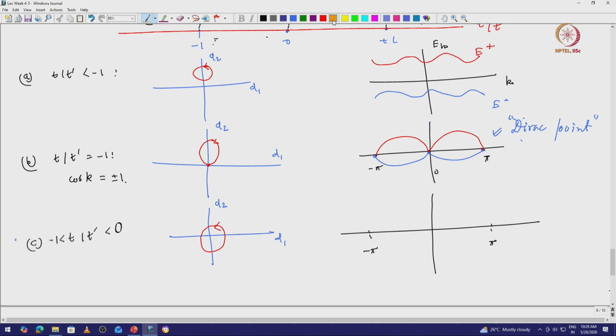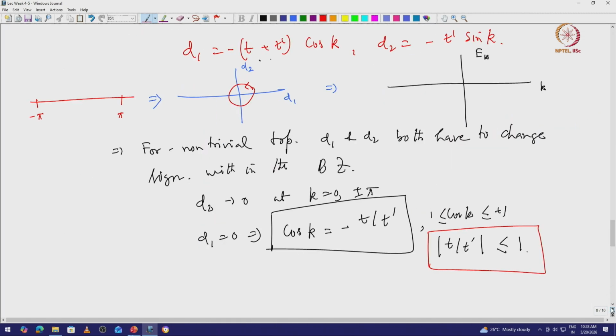let us say here it is red, and let us say the band inversion is happening, which you can figure out from the values of T and T prime, where this one is going to 0.